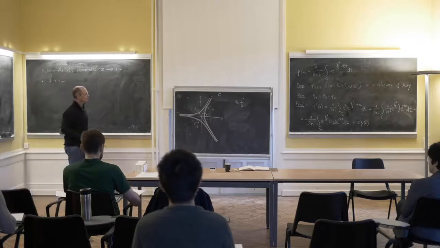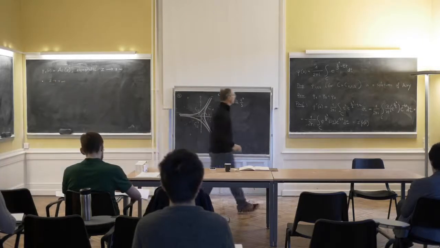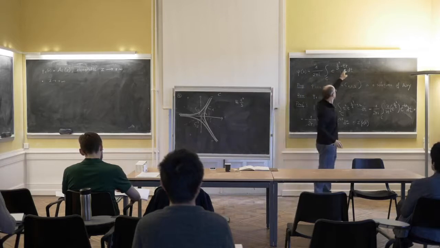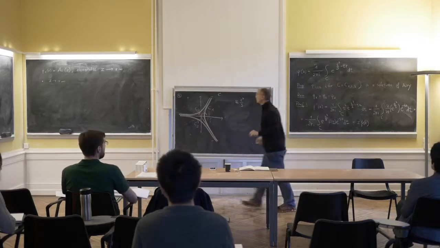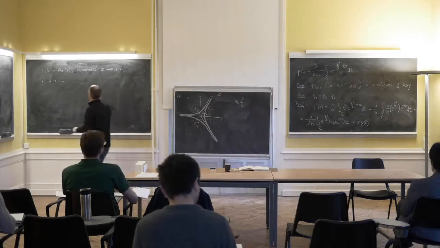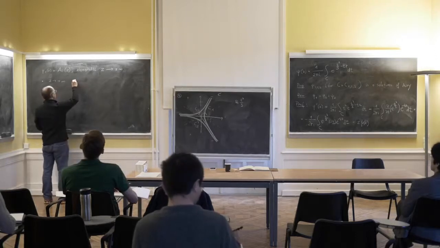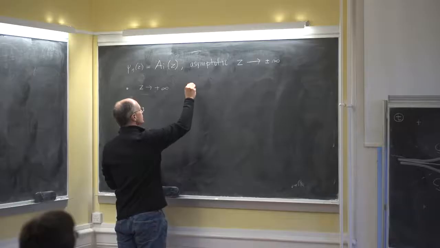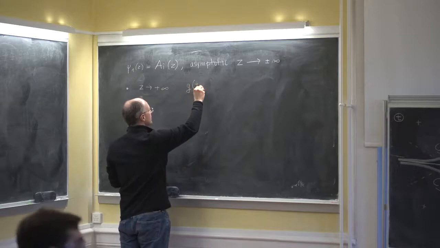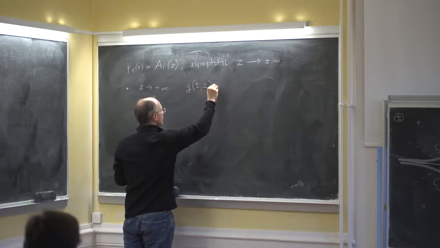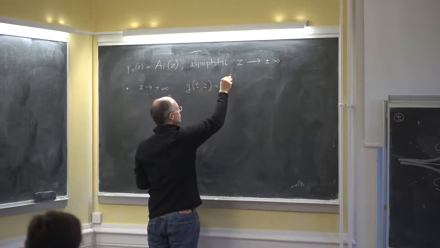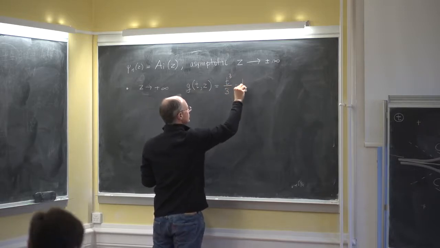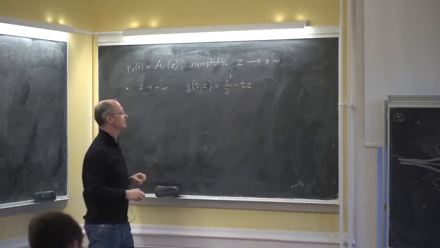So let me denote the function here in the exponent. Let me denote it by f, or maybe better, let me say g of t and z, and it is equal to t cubed over 3 minus tz.